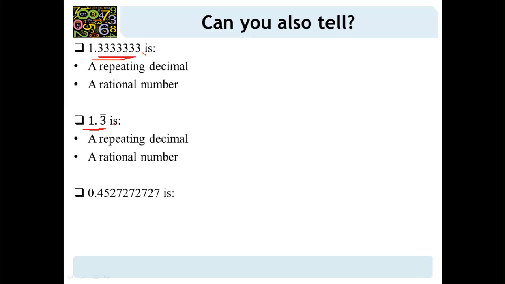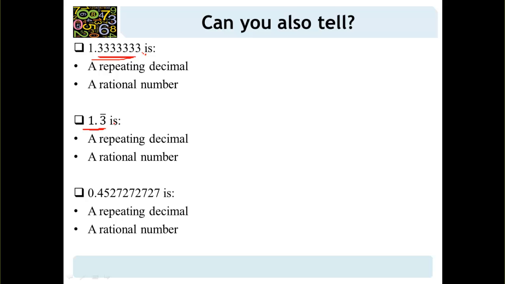If you look at this, 0.4527272727, what is repeating here? The 27 is repeating. It is a repeating decimal and a rational number. Remember, I didn't say what is repeating here, 27. If you say 27, you are pronouncing it as a whole number. That is why let us learn the correct terminology.